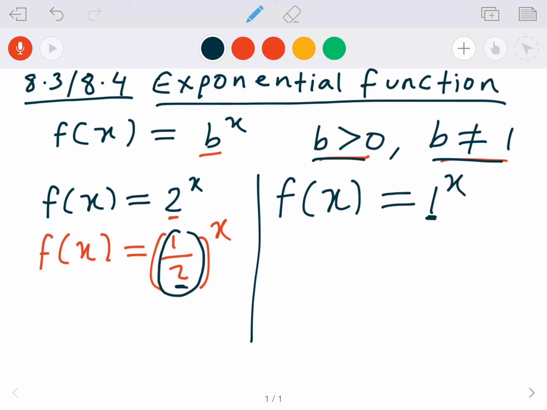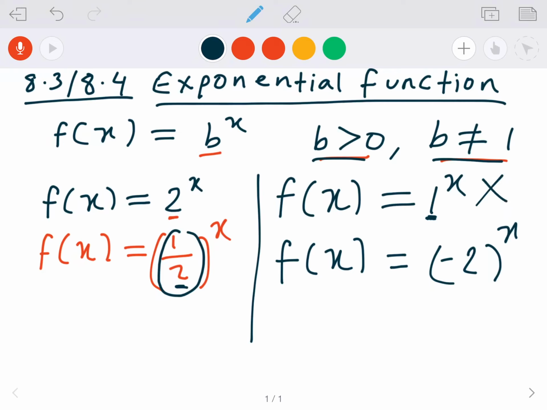And f of x equals negative 2 to the power x is also not an exponential function, because we have a negative number at the base. As we said, b must be positive. So this is how we can see whether a function is an exponential function or not.